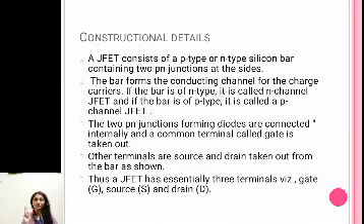A JFET consists of a P-type or N-type silicon bar containing two PN junctions at the sides. The bar forms the conducting channel for the charge carriers. It is called an N-channel JFET or P-channel JFET depending upon which type of bar is used. If the bar used is N-type, it is an N-channel JFET. If it is P-type, it is a P-channel JFET.